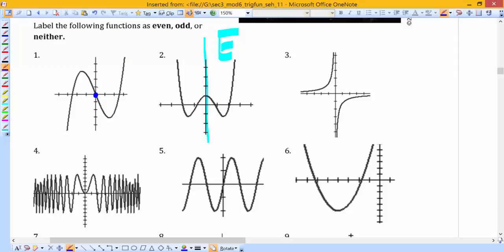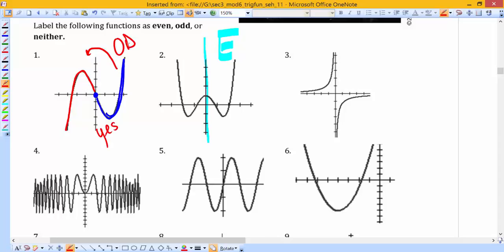So now it's either odd or neither. So I look at the origin, and I see this piece right here. I look at just the right side, and if I turn this way, will that blue piece line up on the red piece? And my answer is yes, it will.